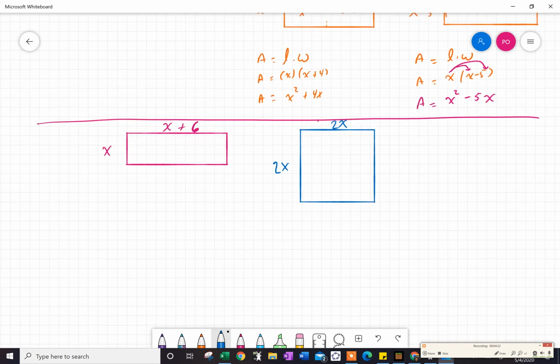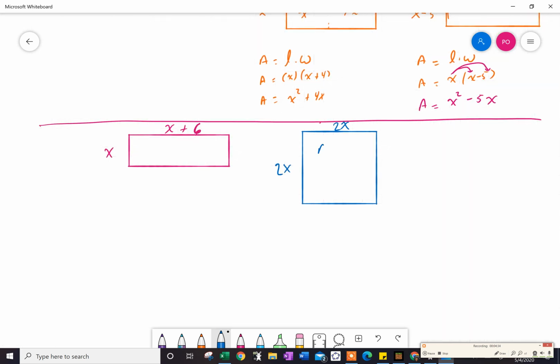So the area of my square is going to be 2x times 2x, and 2 times 2 is 4, x times x is x squared, so I have 4x squared. And the area of my rectangle is going to be x times x plus 6, which we already know is going to be x squared plus 6x.